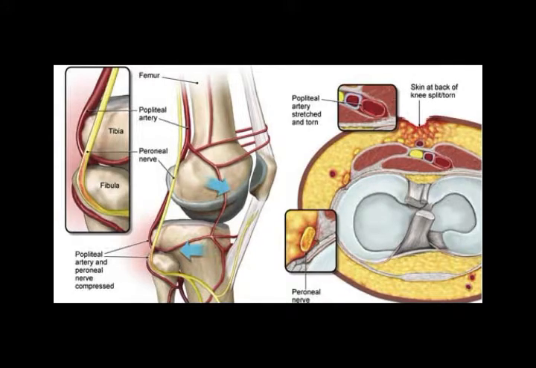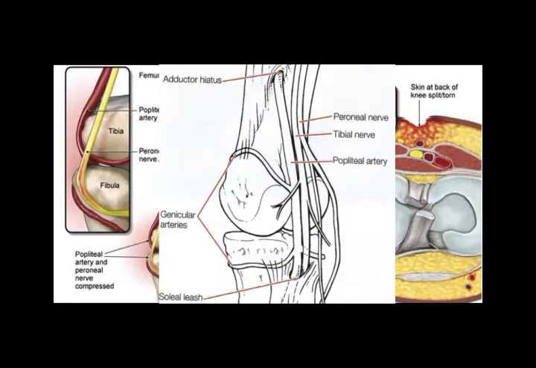So vascular and neurological injuries most commonly occur in the popliteal artery and common peroneal nerve because of their peculiar anatomy. The popliteal artery is located in between the two static structures, the adductor hiatus and soleus arch.